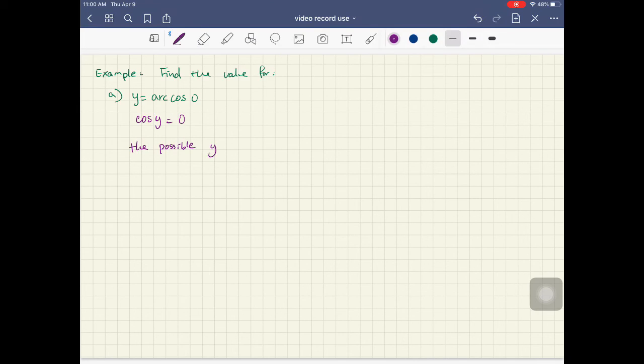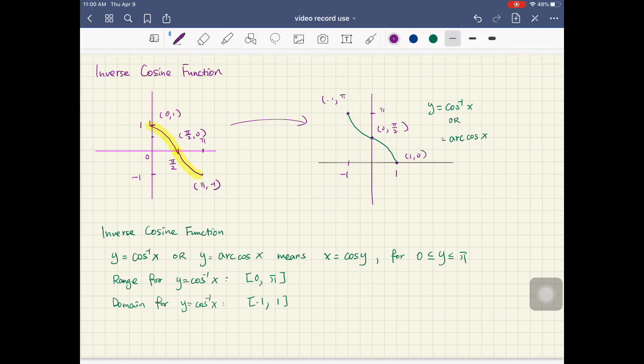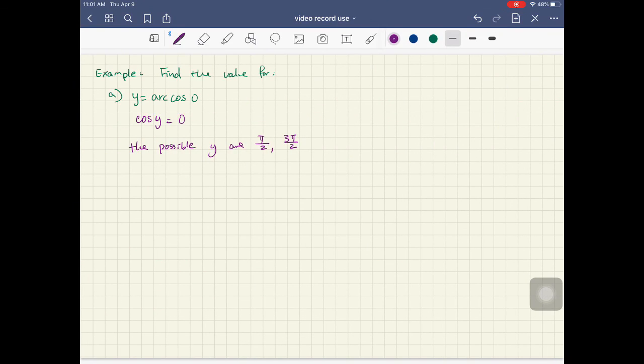The possible y's are either pi over 2 or 3 pi over 2. But since the range for the inverse function is between 0 and pi, I cannot have 3 pi over 2. So y can only be pi over 2.